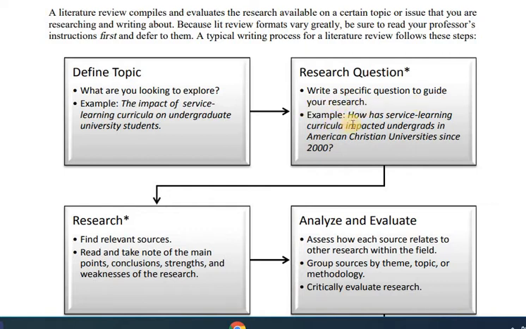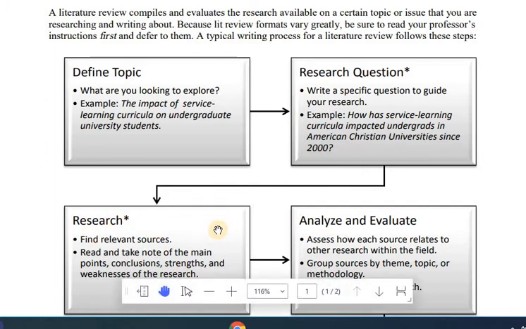Here, for example, how has service learning curricula impacted undergrads in American universities since 2000? So it is more specific. You created the context, the time, and place. That's how you make your research question more specific by defining where and who is involved.